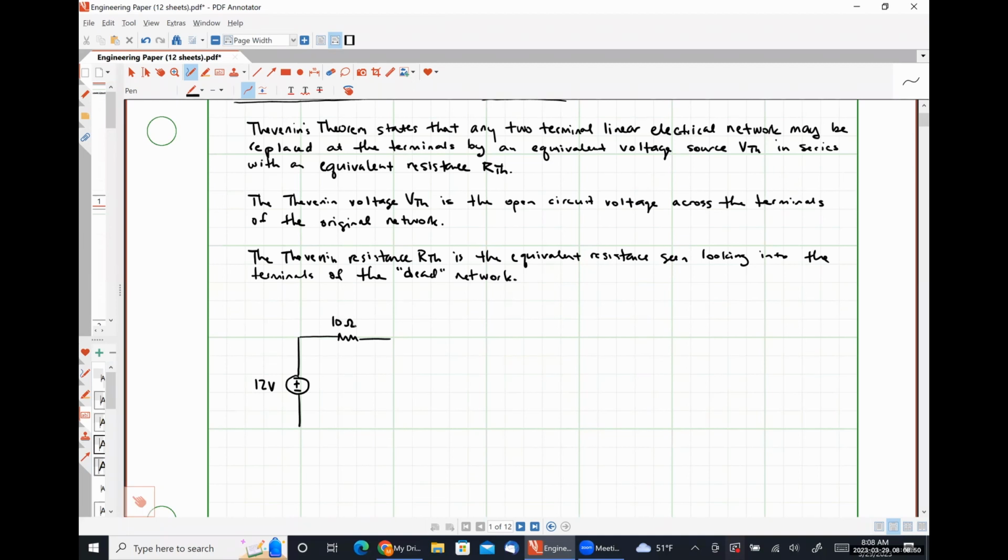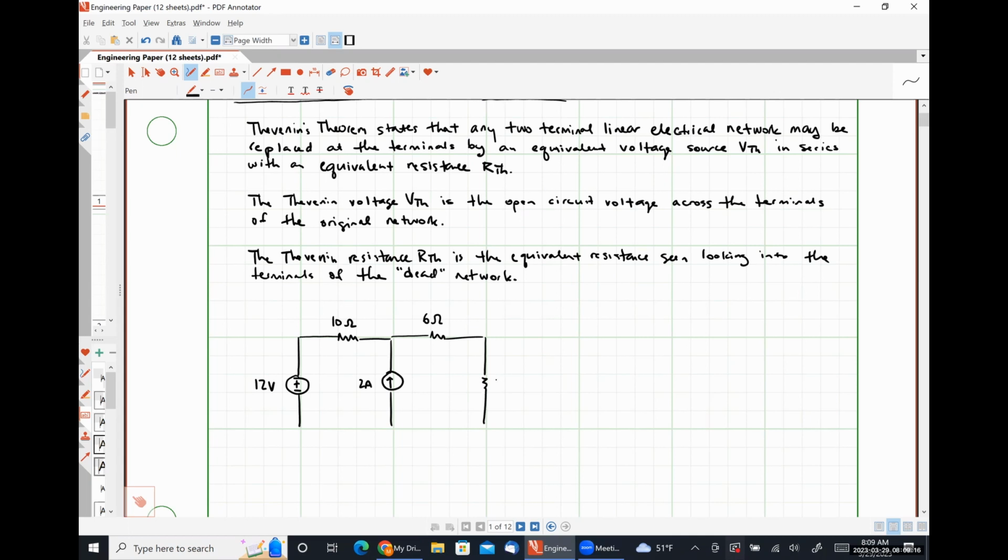Let's make this a 10 ohm resistor. Let's make this a current source actually, a 2 amp current source like so. A 6 ohm resistor.